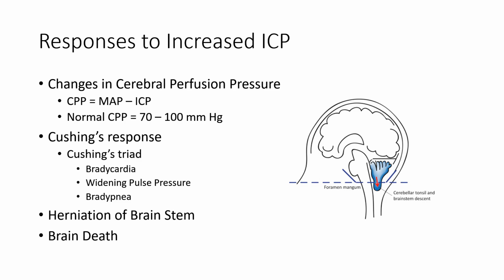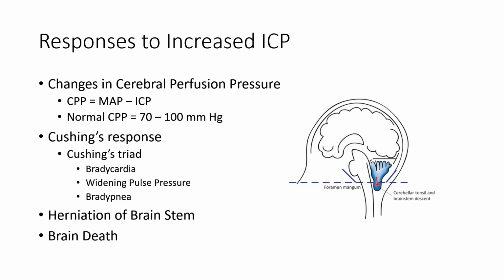If the mean arterial pressure is low and the intracranial pressure is high, the patient may have an inadequate cerebral perfusion pressure. The body responds and tries to compensate, and you will see that the patient has bradycardia, a widening pulse pressure, which is the difference between your systolic and diastolic pressure, and their respiratory rate becomes slower as a means of compensating.